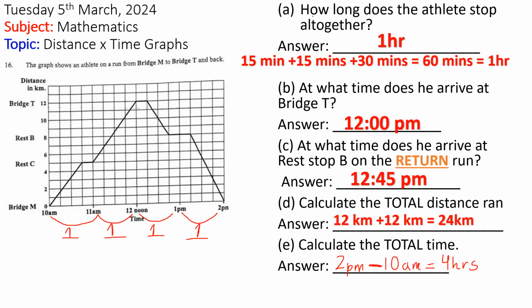Because you always put the final hour, or the ending time, first, before you put the beginning time. Yeah, that's how it is. Let me erase this. So it's 4 hours.